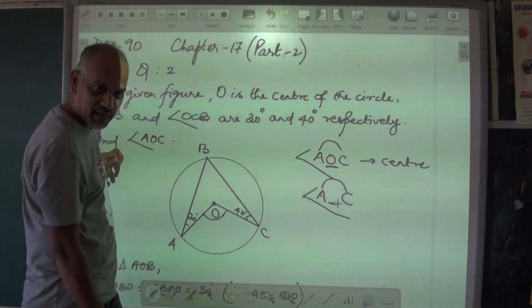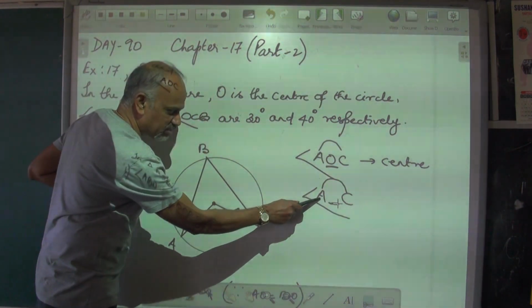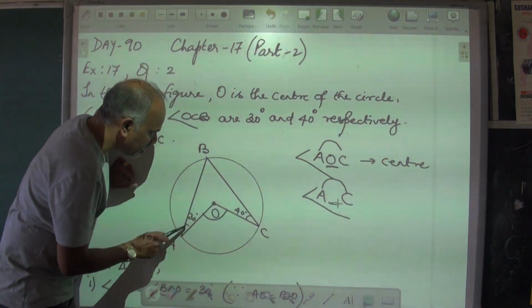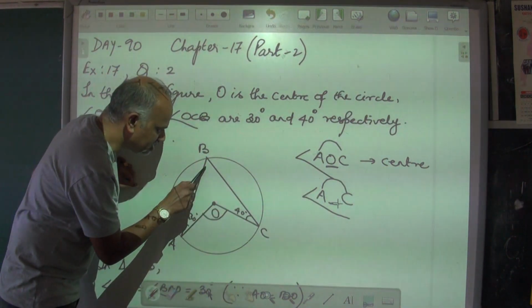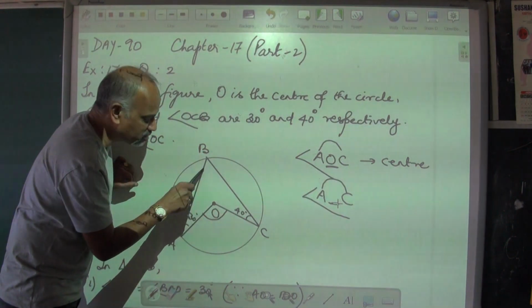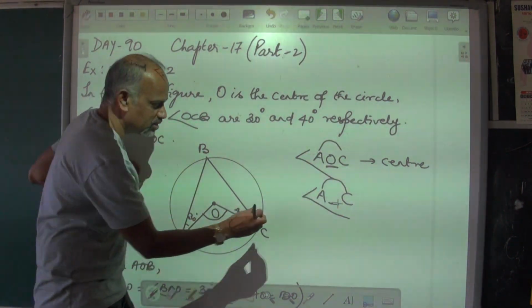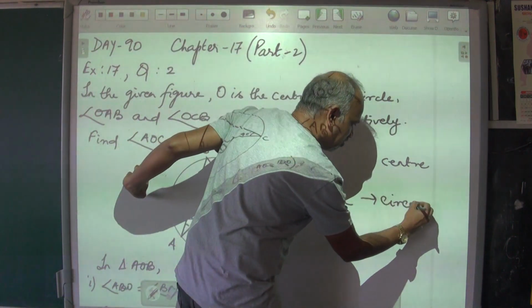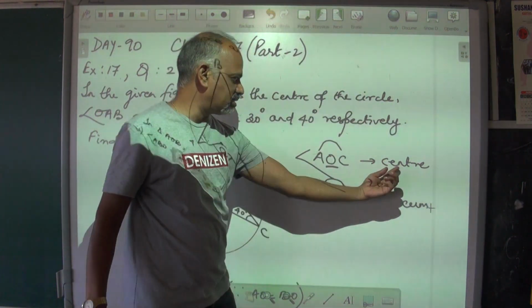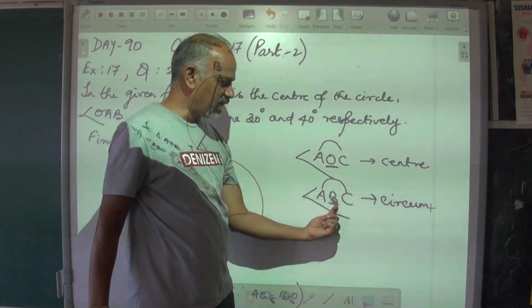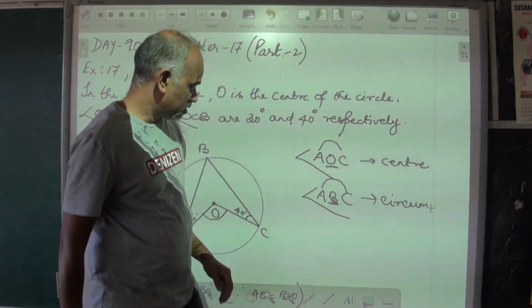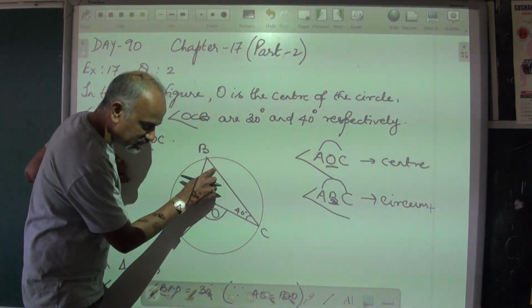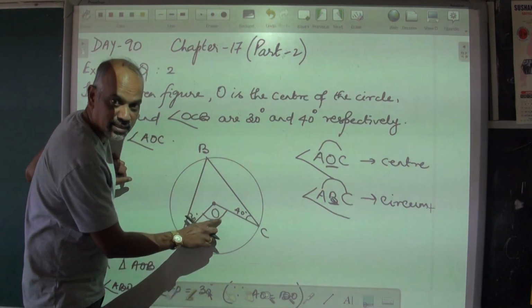That is A, B, C. If you know this, you can find this. So the angle at the center will be double the angle on the circumference. If I know the angle on the circumference, then I can find the angle at the center.